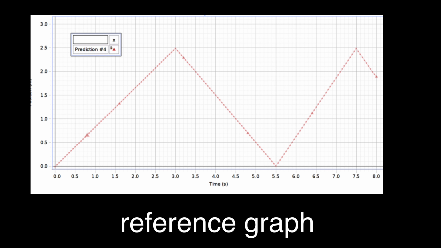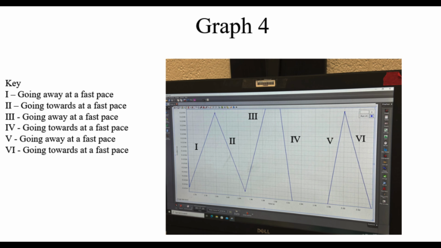For graph number 4, the procedure was fairly straightforward and consisted of 2 repeated motions. First, the object moved away from the sensor at a fast pace, and then it moved back towards the sensor at a fast pace. This pattern was repeated several times throughout the trial.